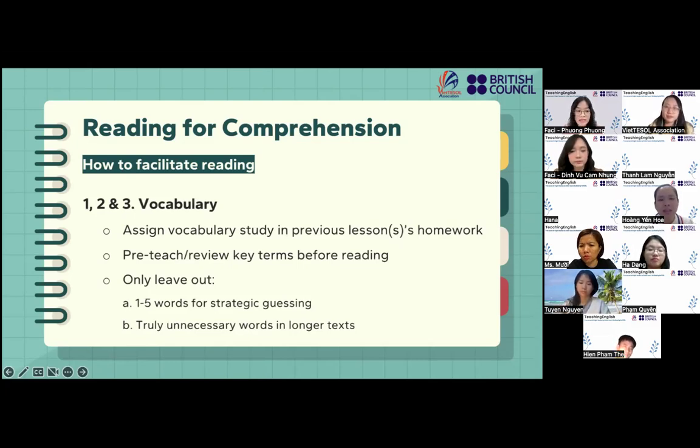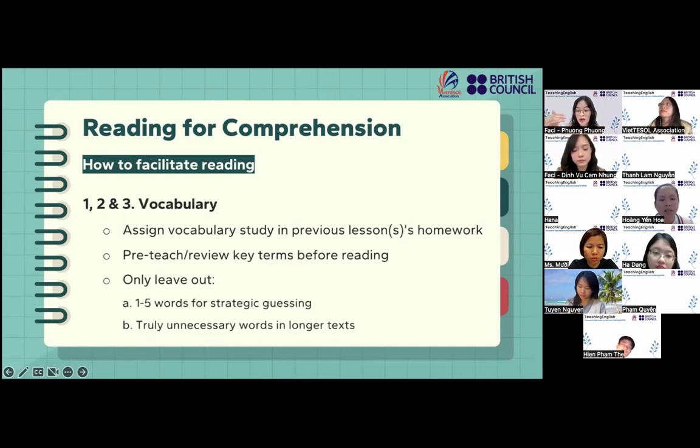So not only in today's lesson 5, maybe in lesson 1 I assign some vocabulary homework, but maybe I need to plan that from lesson 3, maybe from lesson 2. If you have the whole syllabus, the whole curriculum for the semester, then you can set aside some vocabulary for students to learn in the homework of each lesson.